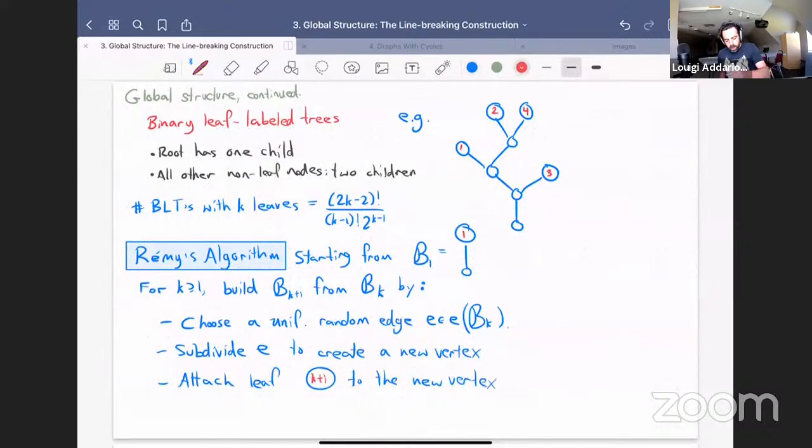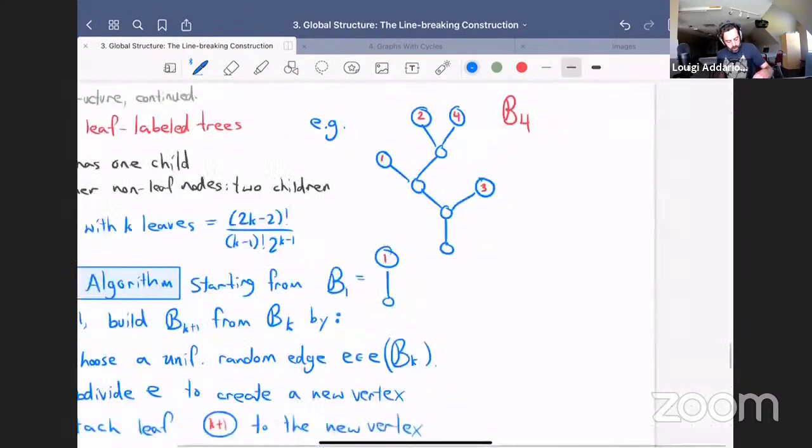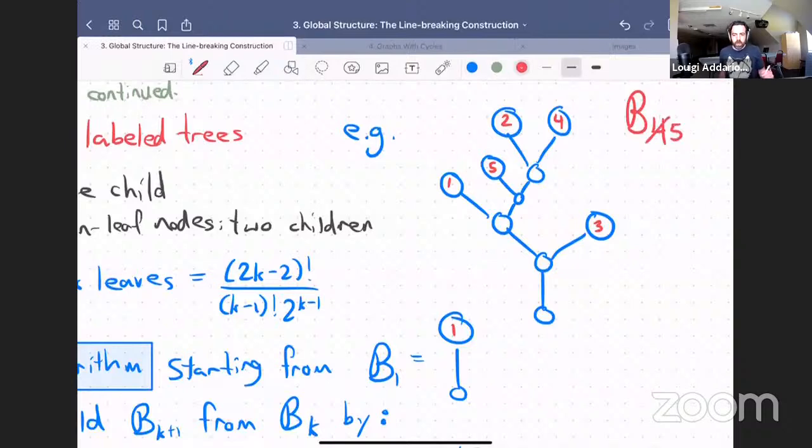Right, so in this example, if this were the tree b_4, then to create b_5, we would take one of these edges uniformly at random, so perhaps this edge here, break it in two so that there's two edges, and now in order to complete this to a binary tree, attach a new leaf with label 5, and that gives us the tree b_5.